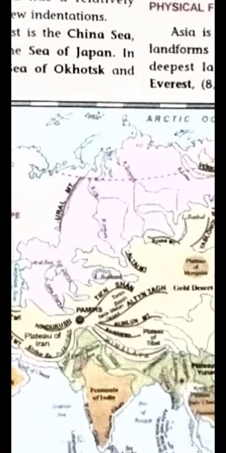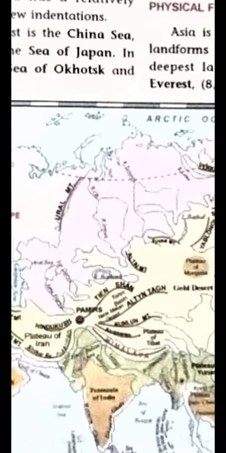Now which is just south of Central Asia. The Himalayas, the Karakoram, the Suleiman, the Hindu Kush are the major ranges which are radiating from the Pamir Knot. Please underline the name of the ranges which are radiating from the Pamir Knot. Okay.